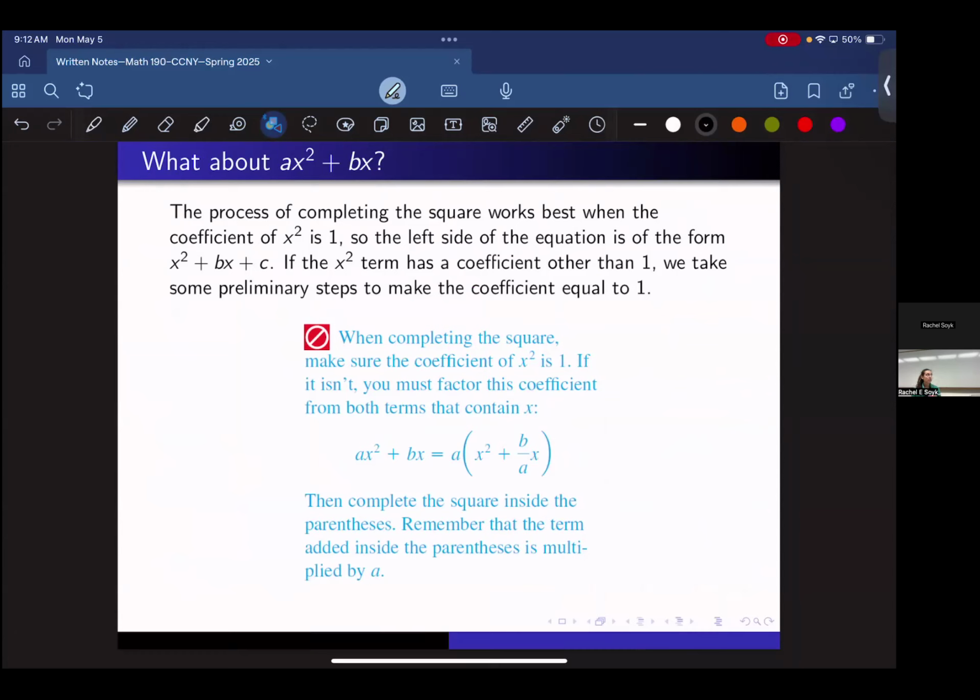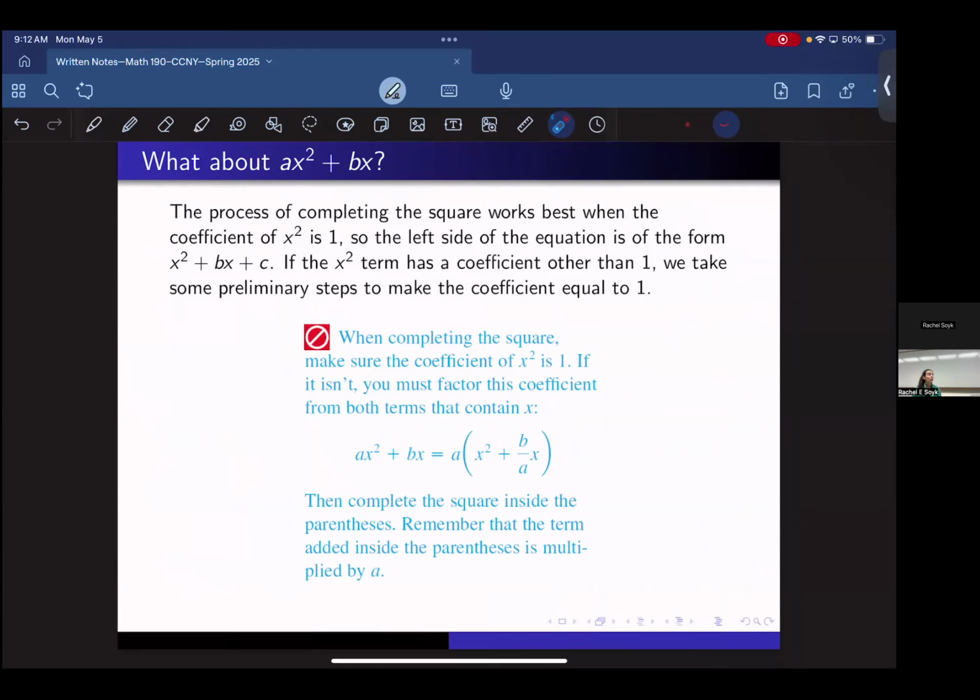So this next part is now asking what if we have an ax squared, meaning our a is not 1, it could be 2, or it could be 4. What happens in this case?